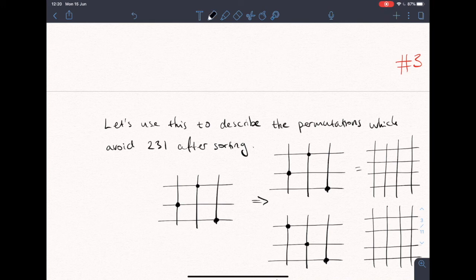If we take a look at what we were doing above, we need to make sure that this inversion stays as an inversion. So there needs to be a big element between them, but that's fine, it's already there. This inversion needs to stay an inversion.